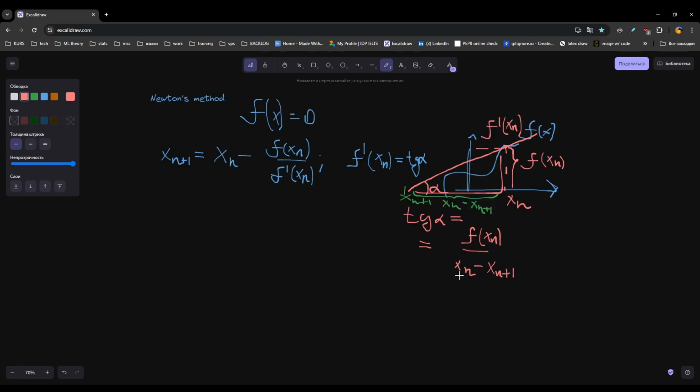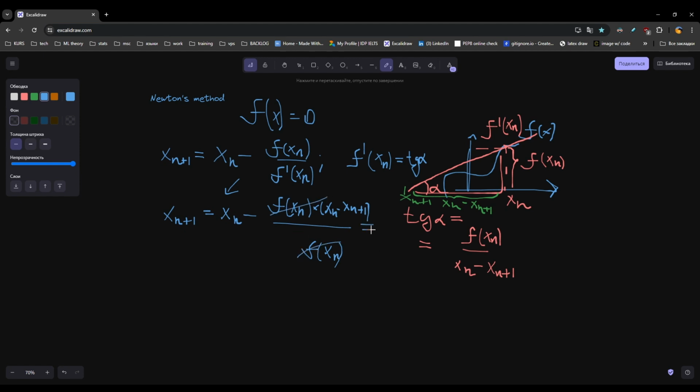So if we plug the tangent value in the denominator of the first order derivative in the point of x of n, this would result in the equation x of n plus 1 equals x of n minus f of x of n multiplied by x of n minus x of n plus 1, divided by f of x of n.